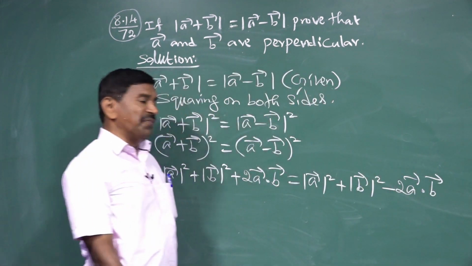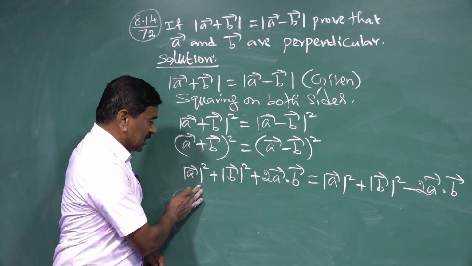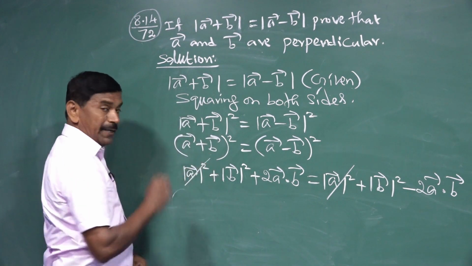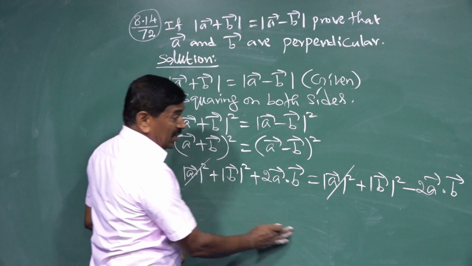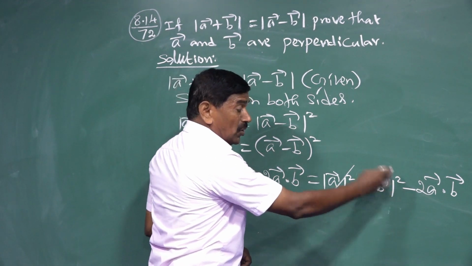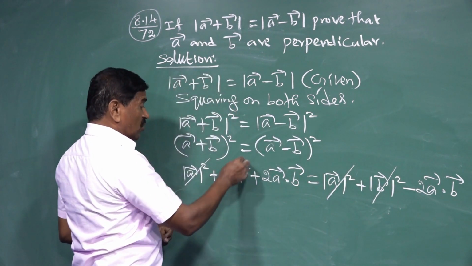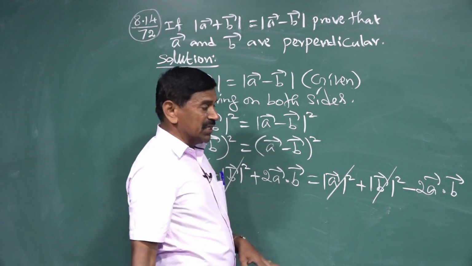Now simplify yourself. This modulus A vector square goes to the right and becomes negative; for our knowledge, we can cancel directly. Similarly, modulus B vector square goes to the right, becomes negative, and cancels.